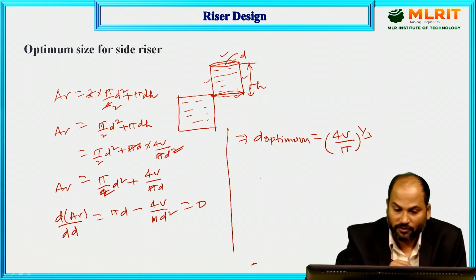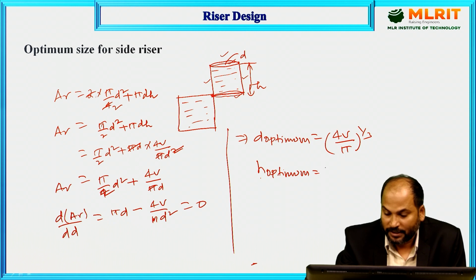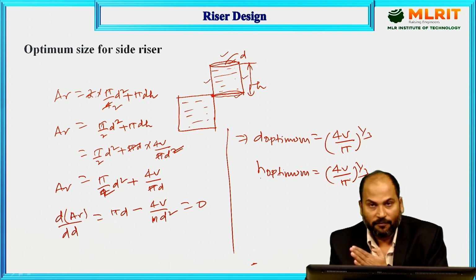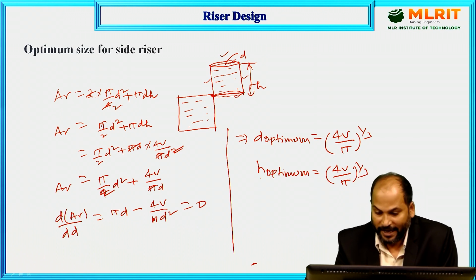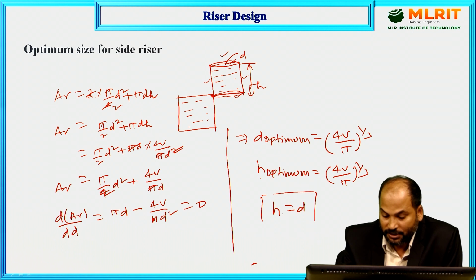If we put this value in the expression to get the value of h, we will get h optimum as 4V upon pi to the 1/3. So what we are getting is that for the side riser, the value of h and the value of d are both equal. So h is equal to d. So this is for the side riser.